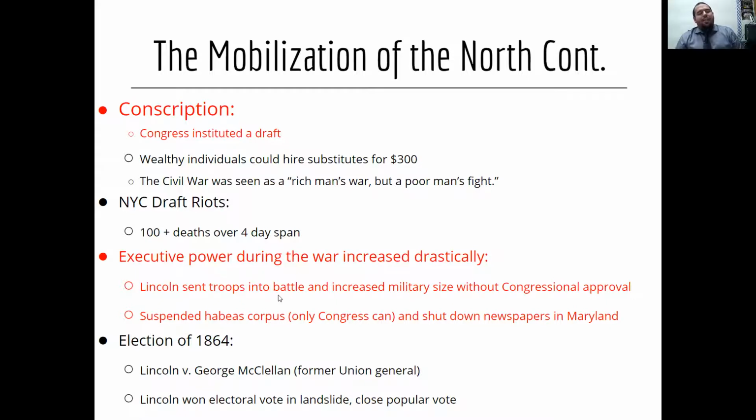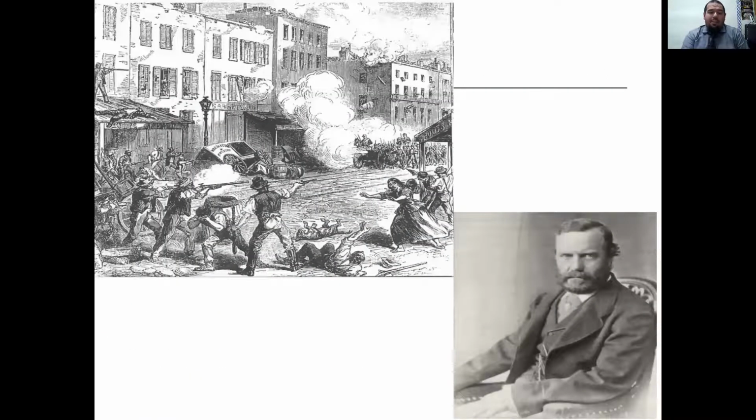In the election of 1864, it was Lincoln versus the former Union general, which Lincoln dismissed, George McClellan. Lincoln won the electoral vote, but there was an actual close popular vote. But you know which one counts. Electoral College.